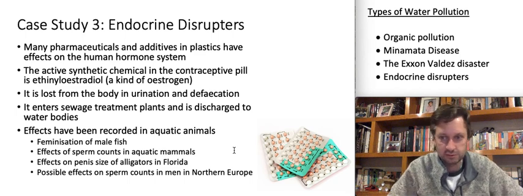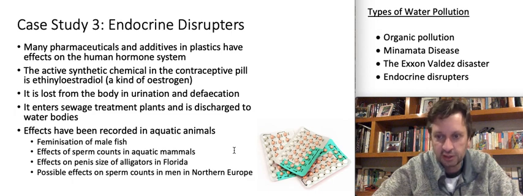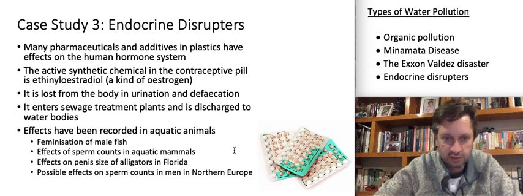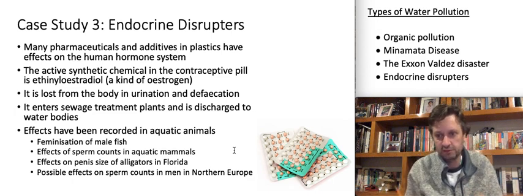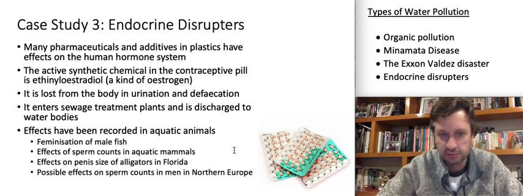So I don't know if I should say this, but one of the studies that caught my eye when I was a researcher is there was a huge study in Florida where people found effects on the reproductive capability of alligators in the Everglades. And one brave group of researchers started in the 1990s measuring the penis size of alligators.